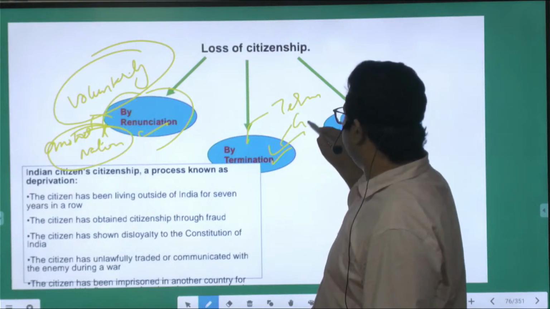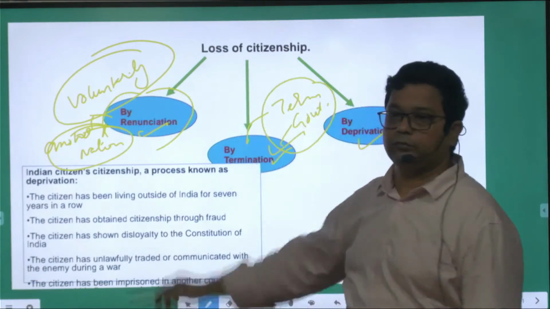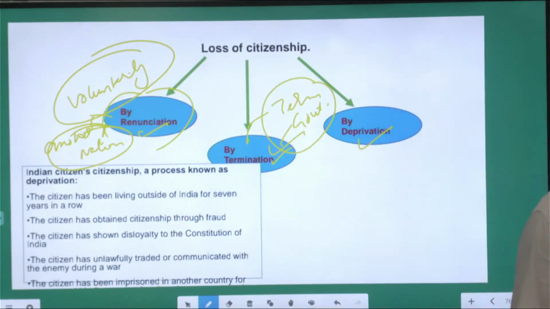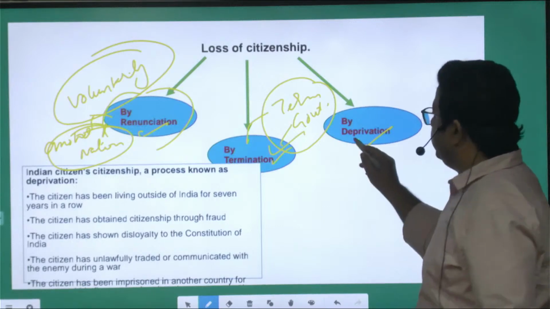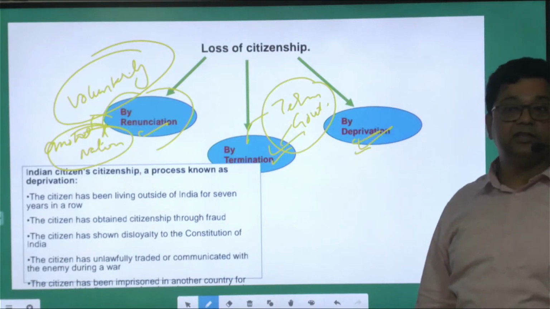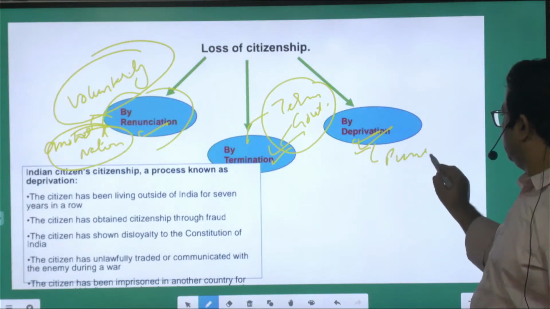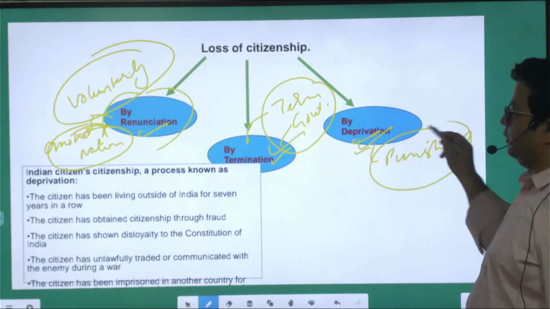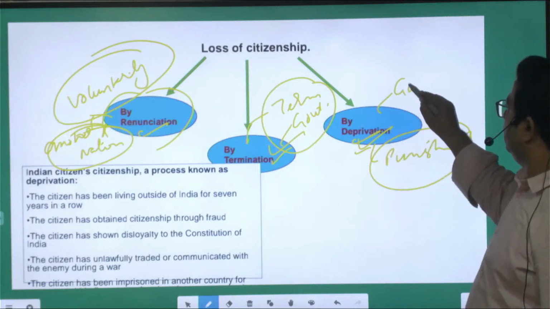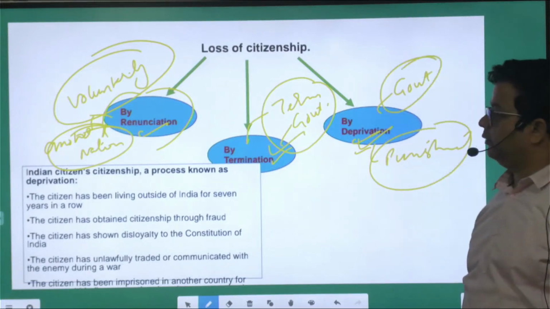So this is done by the government. Am I clear? Yes or no? Any doubt? No. Last is deprivation. Deprivation is a punishment. This is also done by the government.